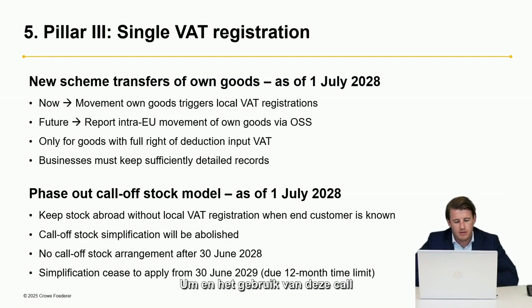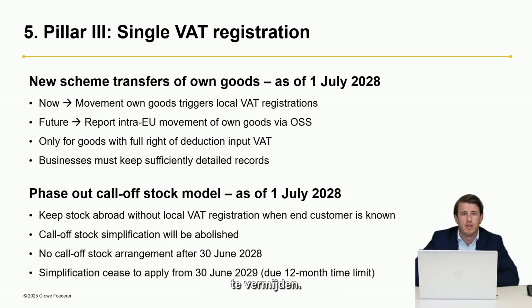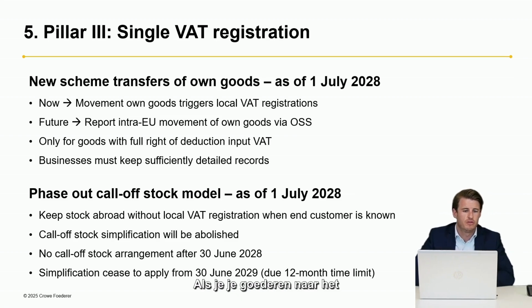And the use of this call-off stock model makes it possible to avoid a local VAT registration if you bring your goods to the country of your end customer. And at the moment the end customer calls off the stock, an intra-EU supply occurs.